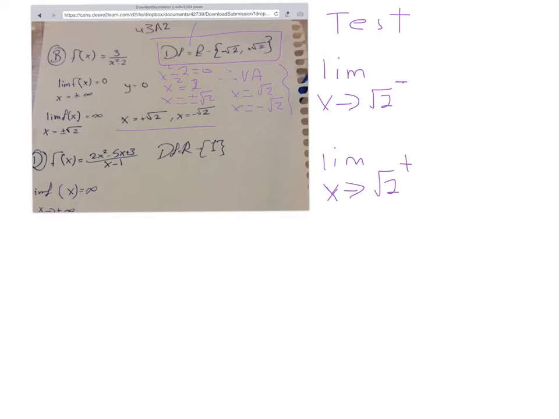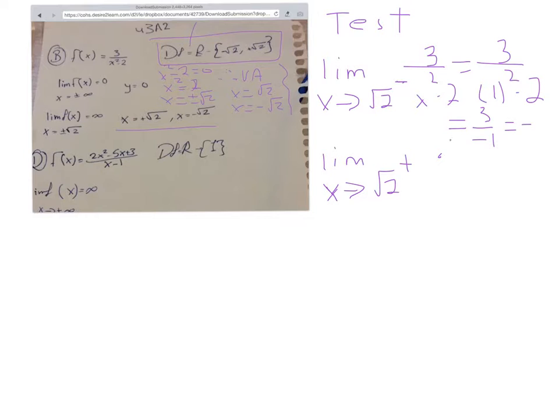So root 2 is approximately 1.41. A value that would be just before root 2 on the graph might be x equals 1. So if I substitute positive 1 for x, then I'm going to get 3 over negative 1, which is negative.